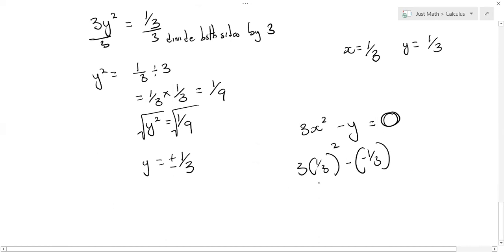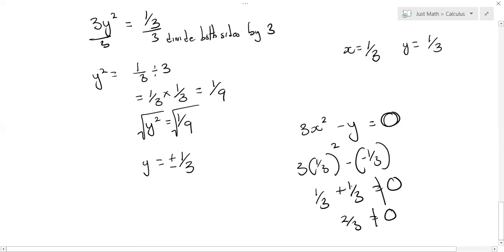Here this is 1 over 9, this is going to be 1 over 3. So minus times minus gives you plus, plus 1 over 3, so you're not going to get 0, you're going to get 2 over 3.